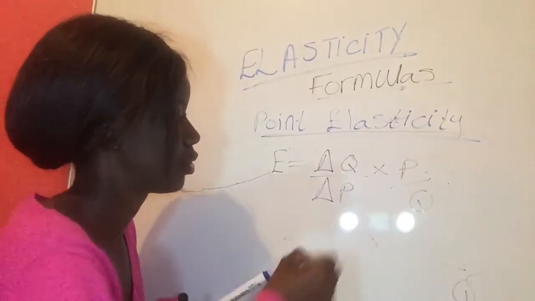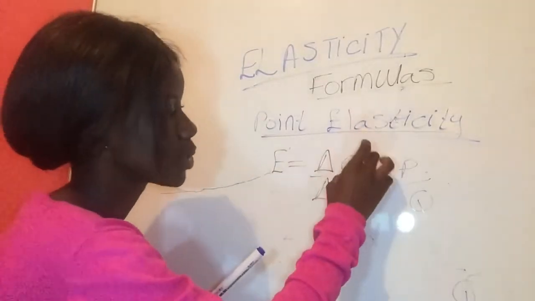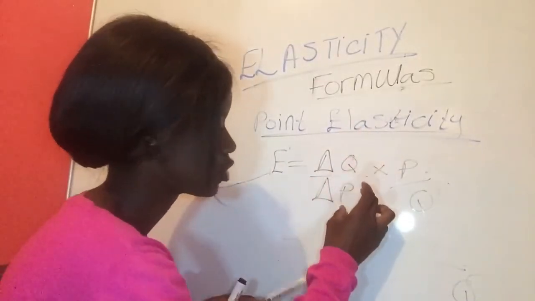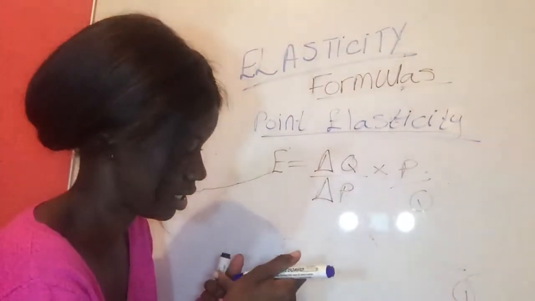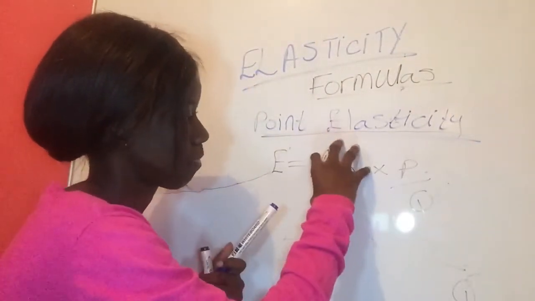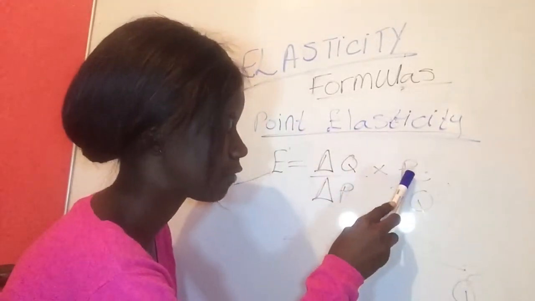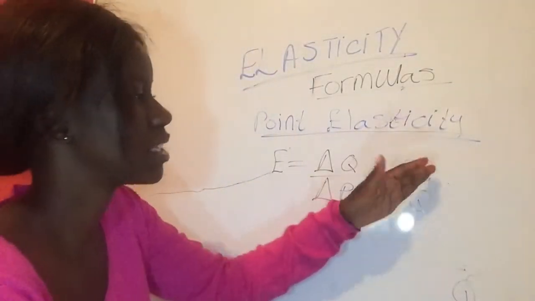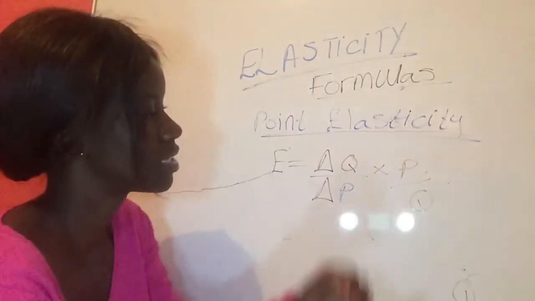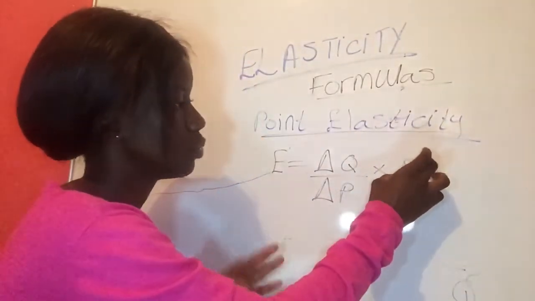Since we know that Q is on the x-axis and P is on the y-axis, this first part is more like the inverse of the gradient. And then this is the price at the particular point you're finding and the quantity at the particular point you're finding. Depending on whether you're dealing with price elasticity of demand or income elasticity, that's where the P will change.